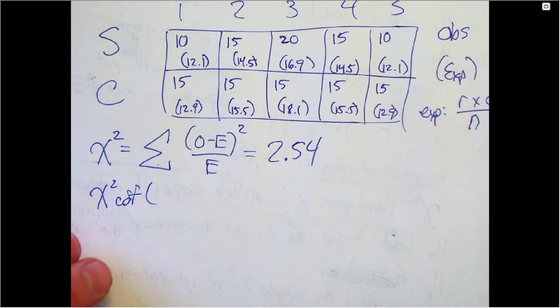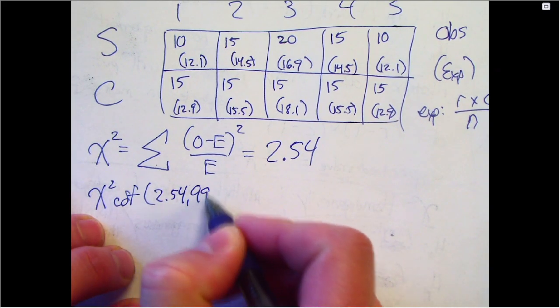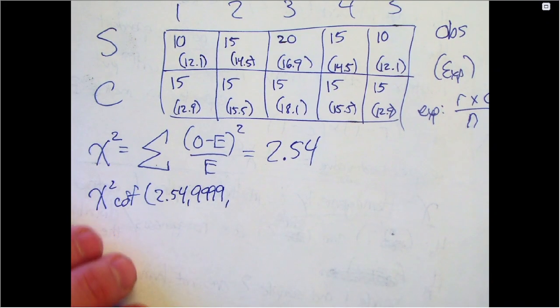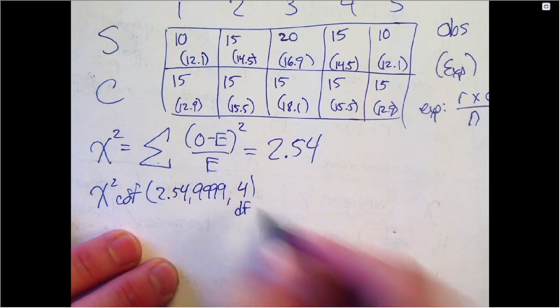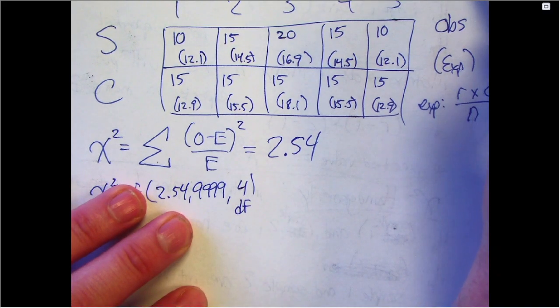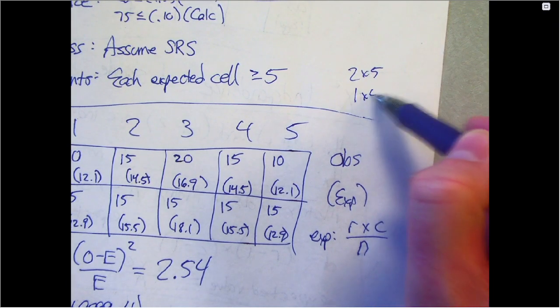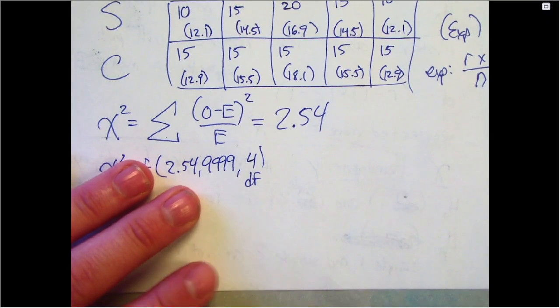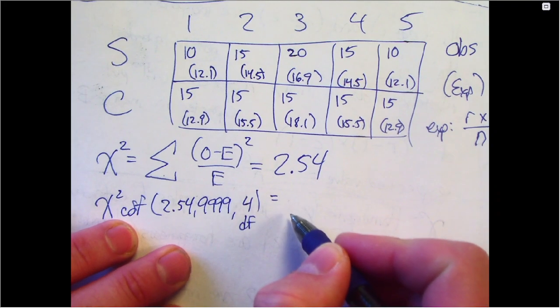Remember with chi-squared, it's always doing, that's a 2 by 5, right? So you subtract 1 from each of those values, so it's 1 times 4, and that's how they got 4 for degrees of freedom. The p-value is 0.37.